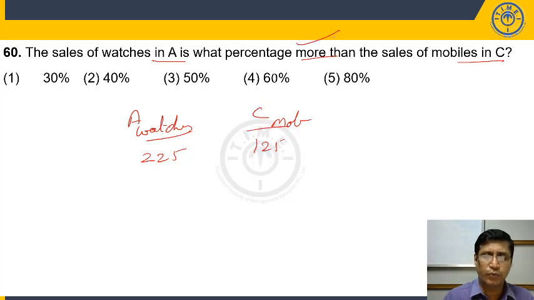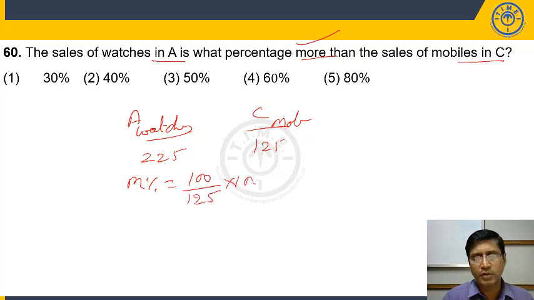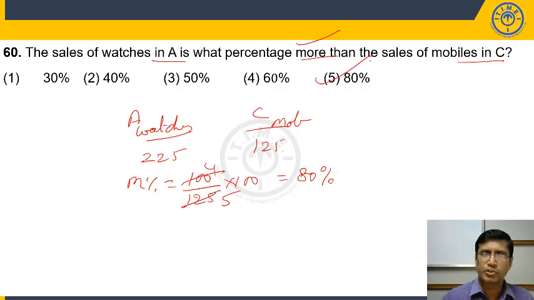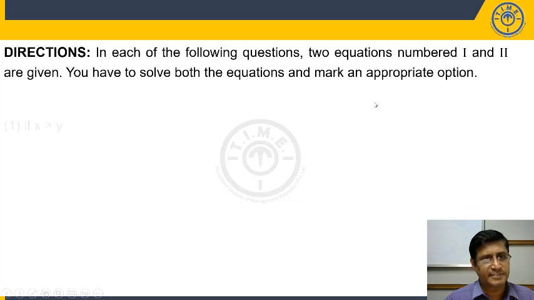So what we need to find is the percentage more, which means the difference with respect to the smaller value. So 100 by 125 into 100. Simplify, 25 goes 4 times and 5 times. The result is 80%. The right choice is option number 5. Fifth choice is the right answer.